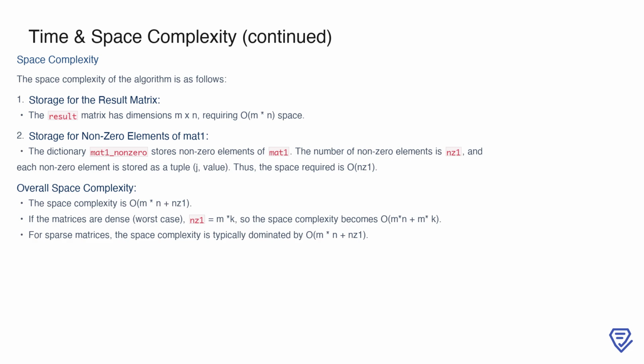Combining these two, the overall space complexity becomes m * n + nz1. In the worst-case scenario, where the matrices are dense, nz1 would equal m multiplied by k, making the space complexity m * n + m * k. For sparse matrices, the space complexity is dominated by m * n + nz1, which is significantly smaller than the dense case and aligns well with the optimization goals of the algorithm.